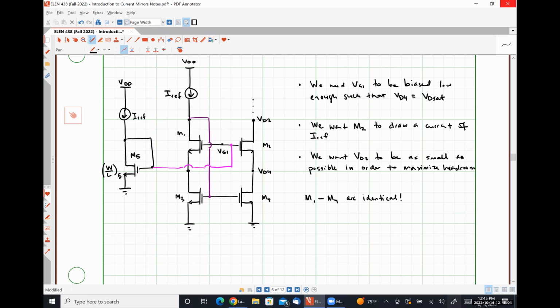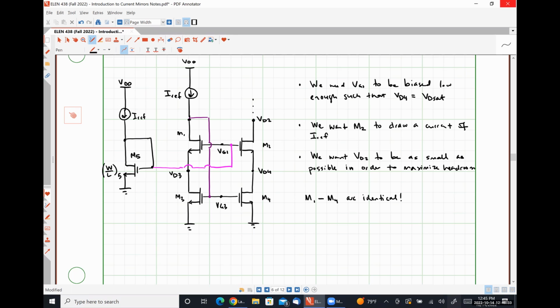Okay. So I'm going to call this voltage here VG3. I'm going to call this voltage here VD3. And I think that's all the voltages that I need to identify because the source of M1 is at VD3, the source of M2 is at VD4. So I think we've got everything taken care of here.